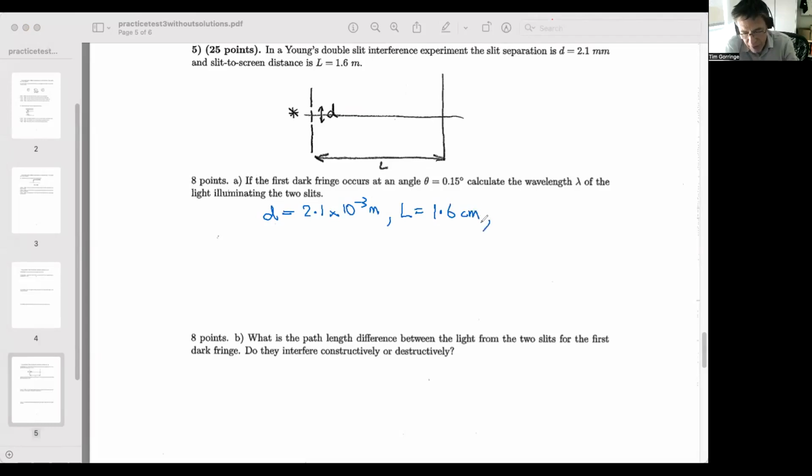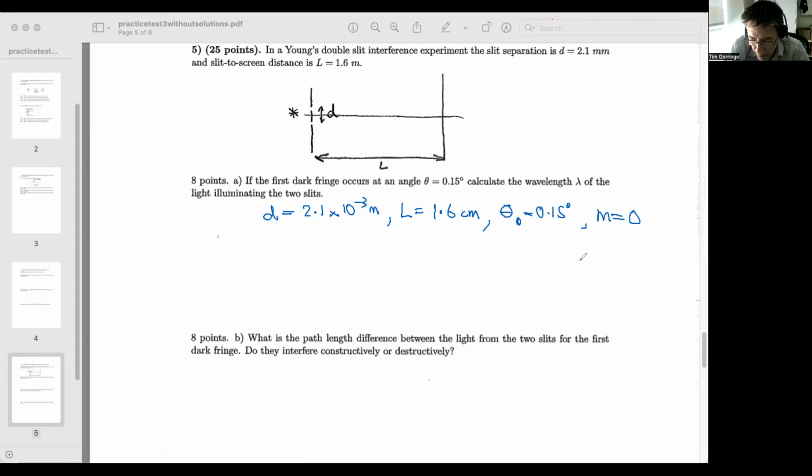And we're told that the angle of the first dark fringe, which is going to be the m equals 0 dark fringe, is 0.15 degrees. So as I say, we know in this case that we're dealing with m equals 0.